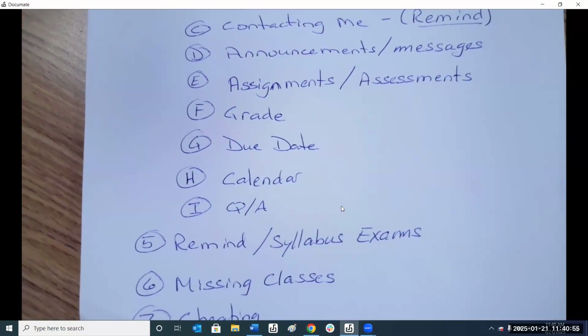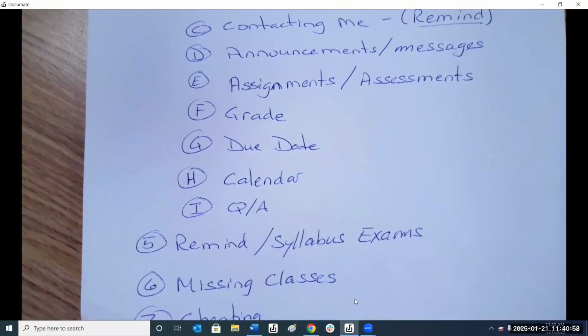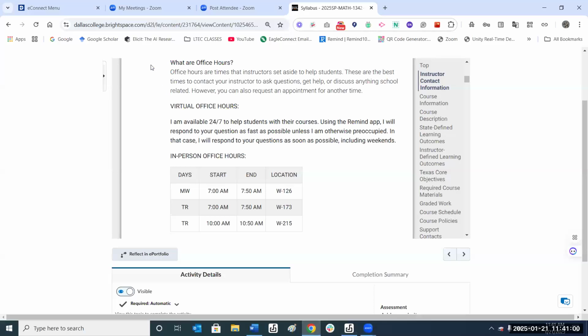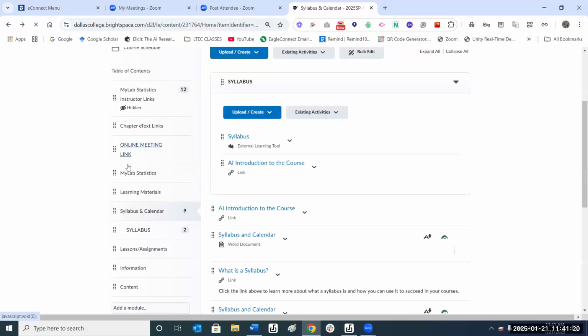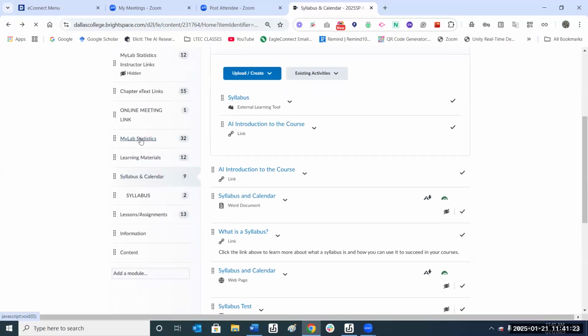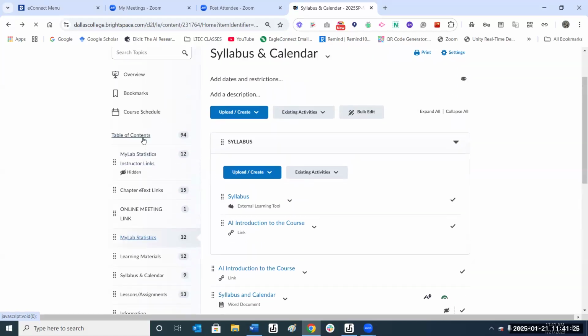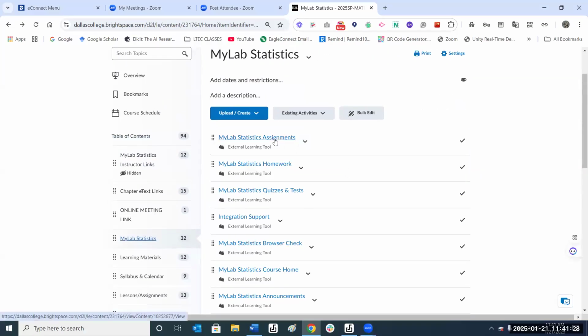Due dates. When you go to MyLab Math, we come over here to MyLab Statistics. You go to MyLab Assignments.